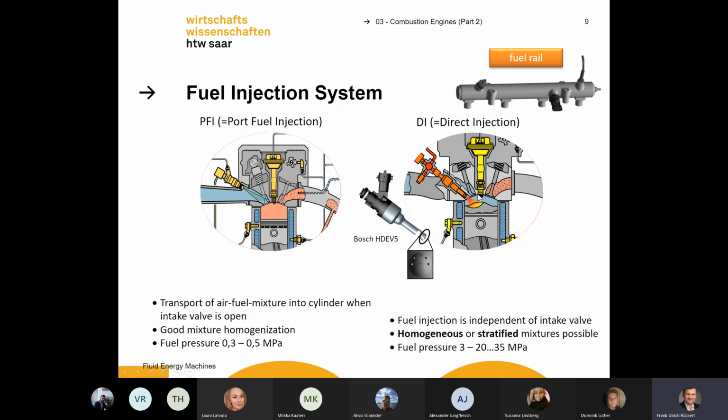Yeah, you don't want to spray on the spark plug. You don't want to spray on the walls, because all this means losses in efficiency, losses in gasoline. It's really important to design the spray for your demands and your engine, and every customer has a different design.